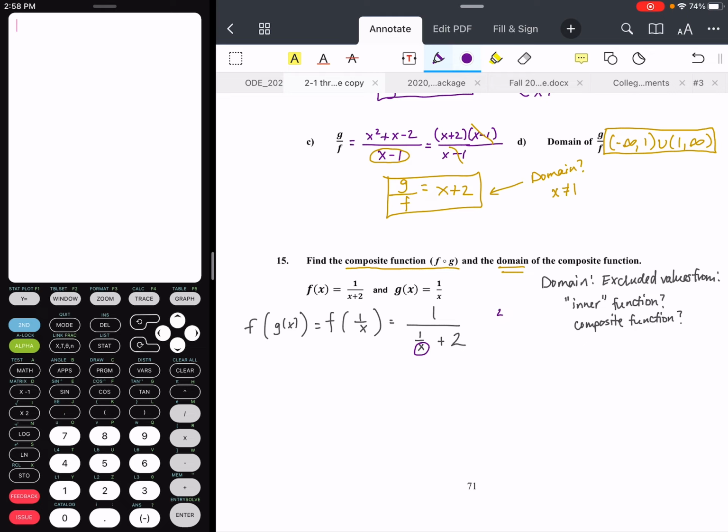In this case, the LCD is x, right? I only have the one fraction with one denominator. So if I multiply every term on the top of my overall fraction and every term on the bottom of my overall fraction by the LCD, by x, that will clear out fractions and keep that ratio balanced from numerator to denominator.